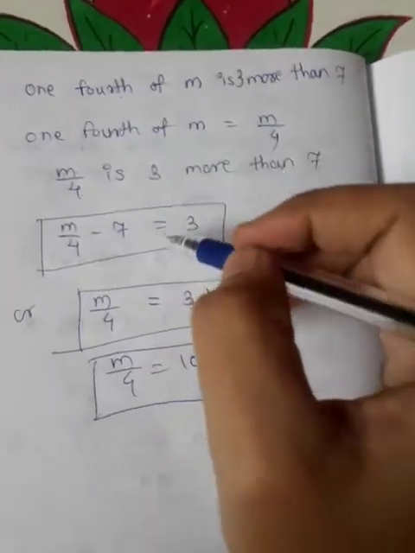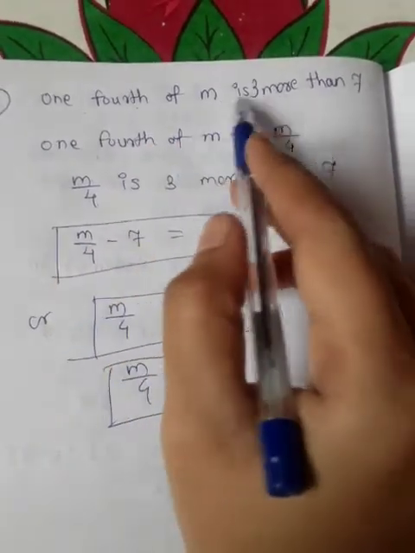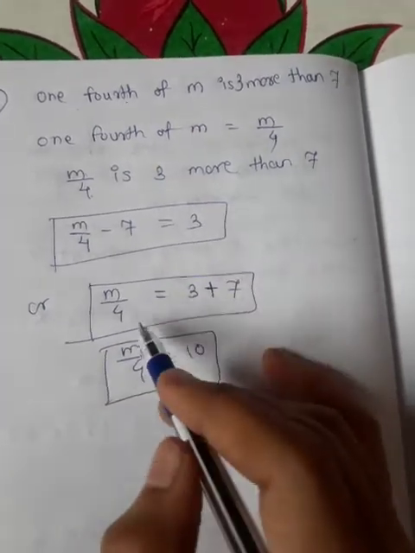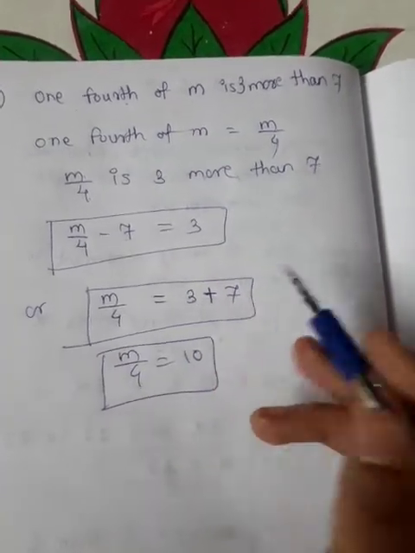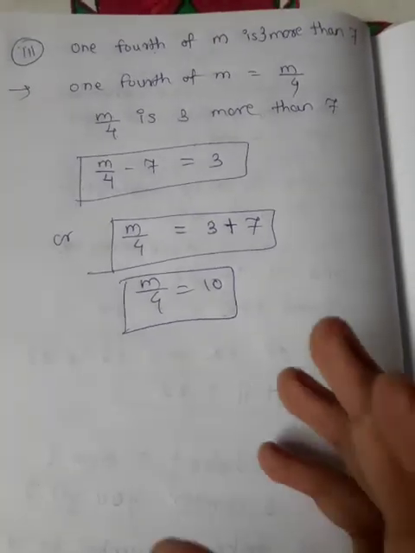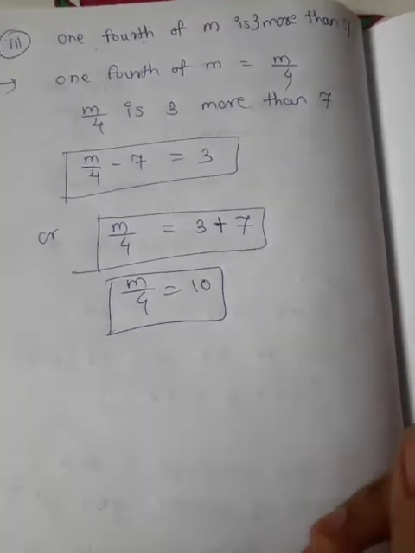So you can write it in any way. So 1/4 of m is 3 more than 7 is nothing but the difference between these is 3, or you can write m by 4 is 3 plus 7. So here we can convert a statement into the form of an equation.